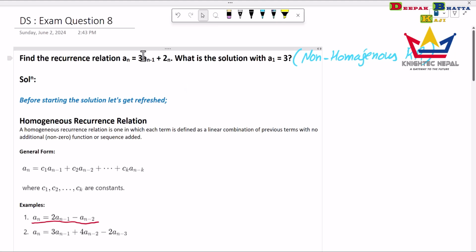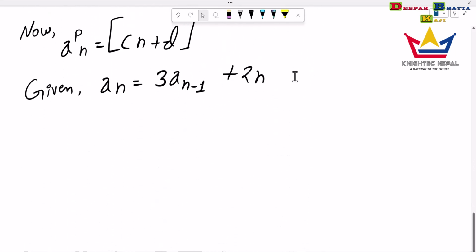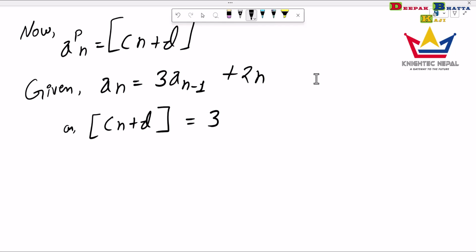So we are writing from the given question. So here we are writing. Now we have a_n equals Cn plus d, a_n equals 3a_(n-1) plus 2n. So you need to put Cn plus d.